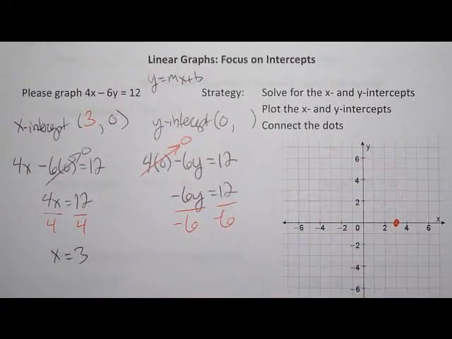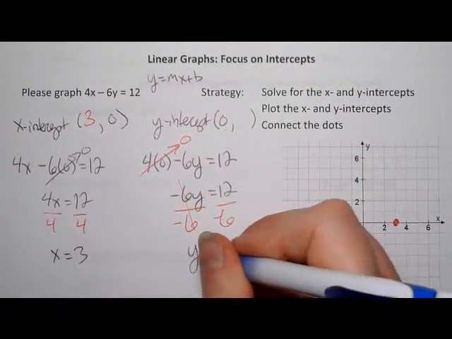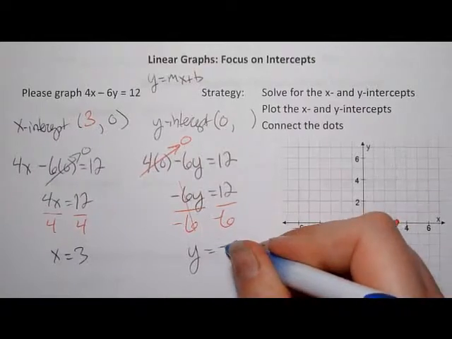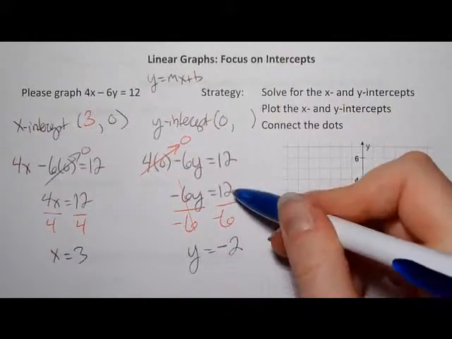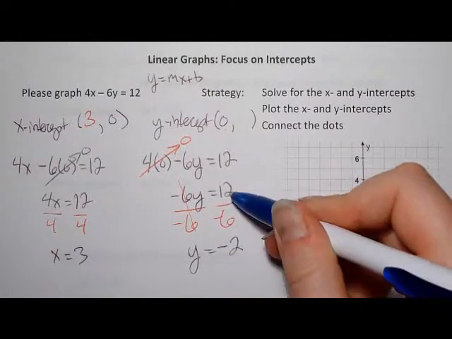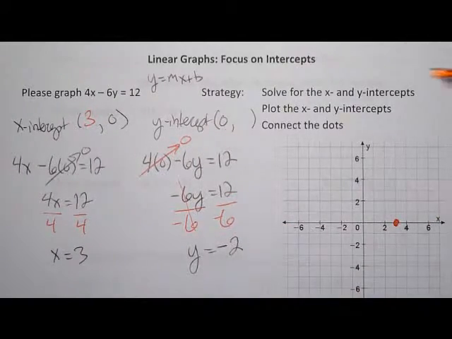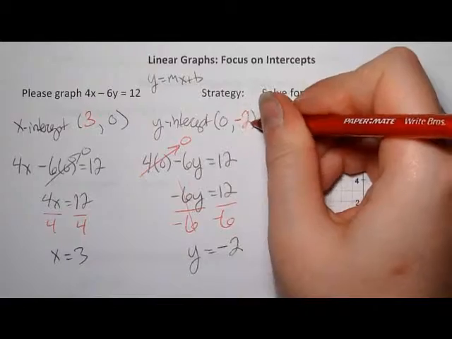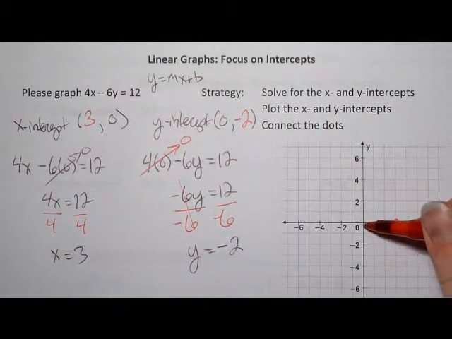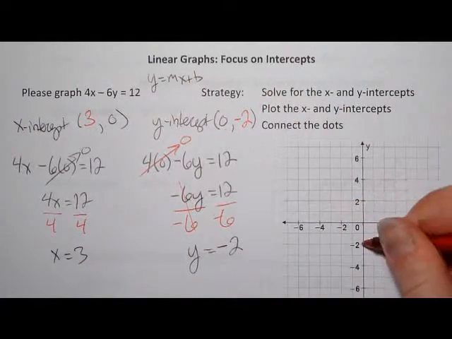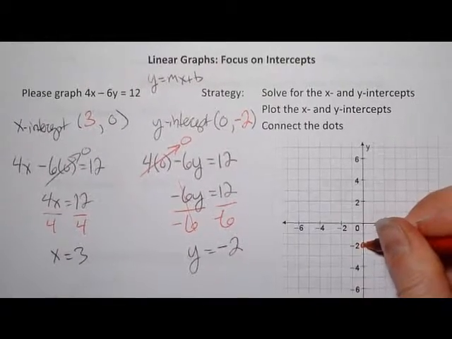Negative 6 divided by negative 6 cancels out. So I'm left with y equals negative 2. 12 divided by 6 is 2. A positive divided by a negative is a negative. So that means that my y-intercept is negative 2. So if I'm at the point 0, negative 2, I can plot it on my graph.